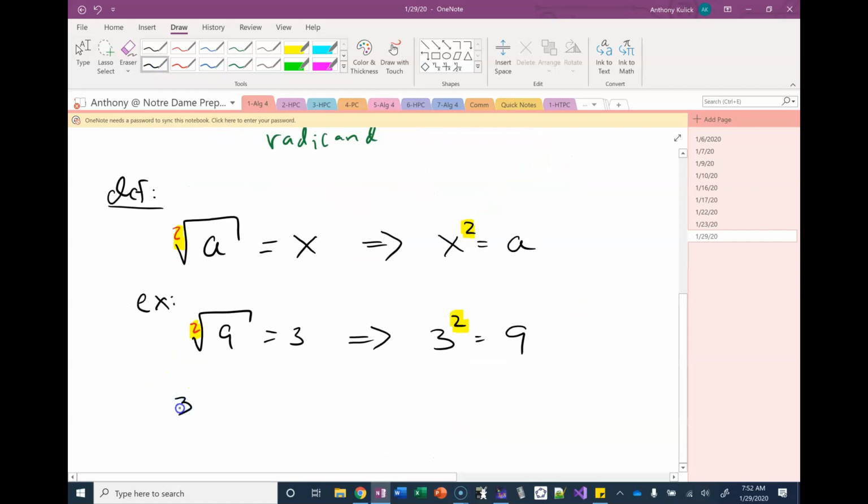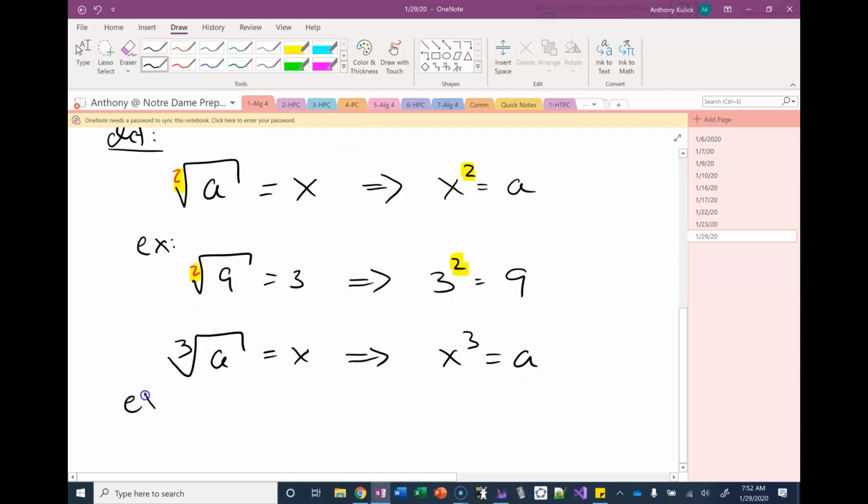So if we have the cube root of a is equal to x, what does that imply to us? x cubed is equal to a. So for example, the cube root of 8 is 2.